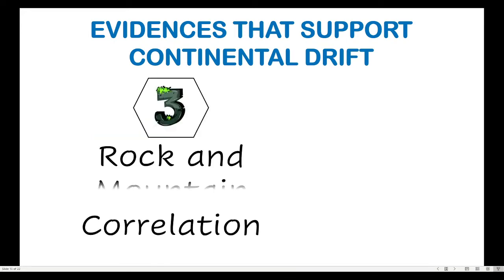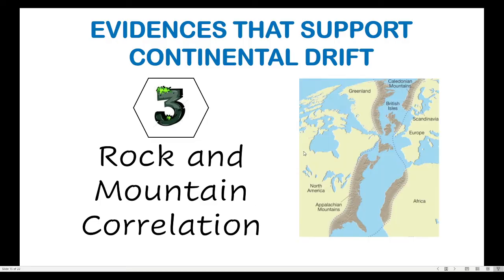For the third evidence, we have rock and mountain correlation. So what does rock and mountain correlation mean? Here in the map on the right, we have seen the mountain ranges found on the western and eastern coasts of these continents.